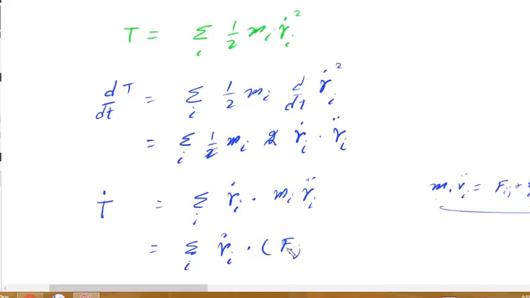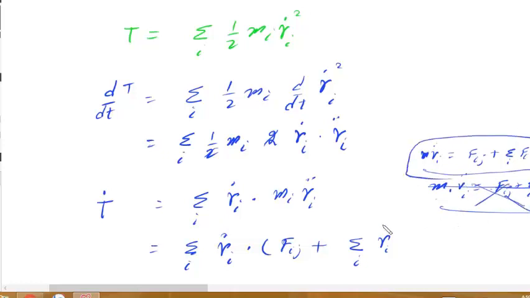This one is the internal force between the two particles, and this is the external one. Here it is m_i r double dot I equal to the F_ij, and then the summation of the F_i external only, this one.